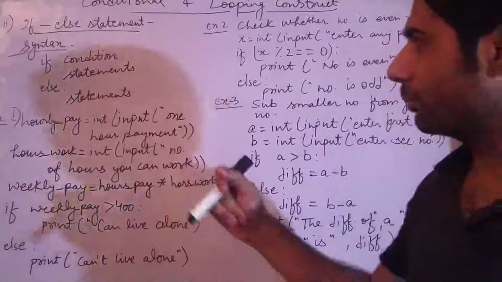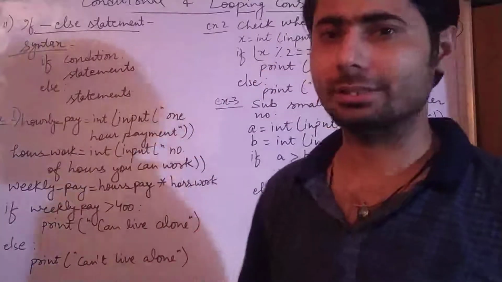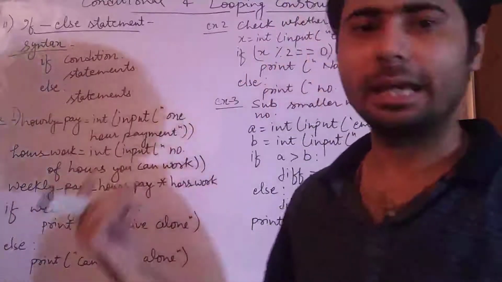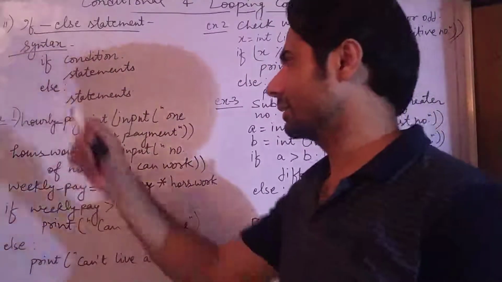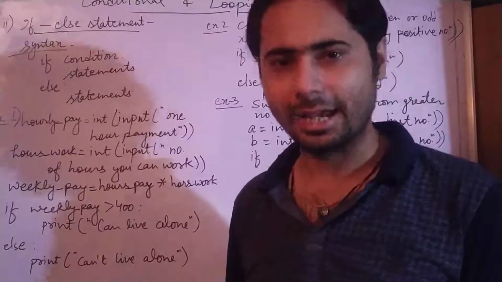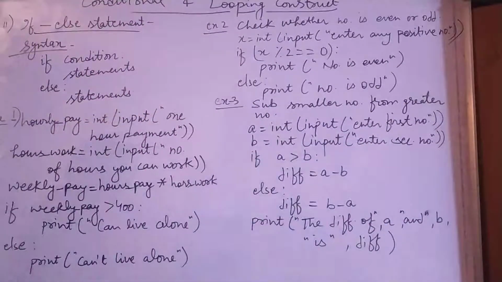If the condition within the if block becomes false, then the else block will be executed. It means the statements belonging to the else block will be executed. Now let us see an example based on this condition.